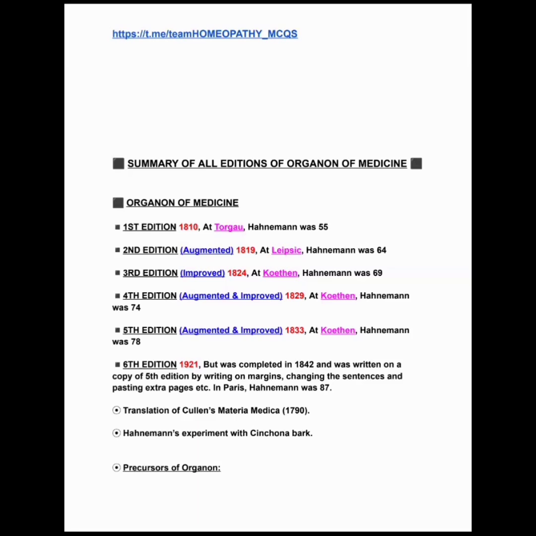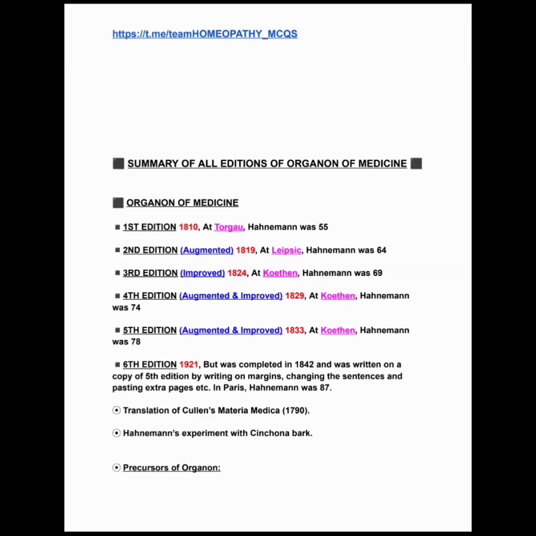Third edition, known as Improved Edition, published in 1824 at Cothen. Hahnemann was 69 years old at that time. Fourth edition, known as Augmented and Improved Edition, it was published in 1829 at Cothen.